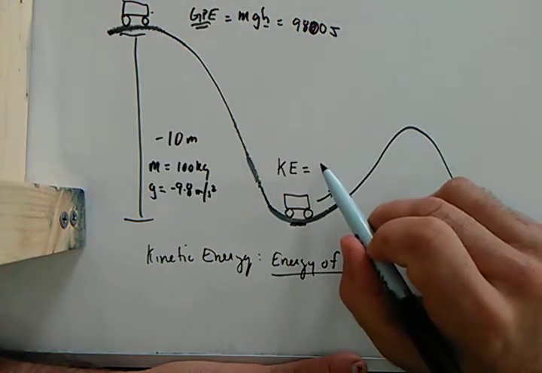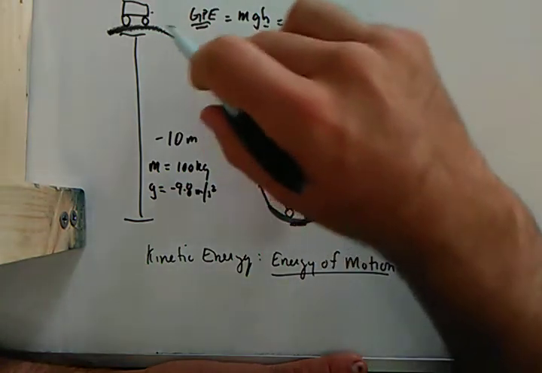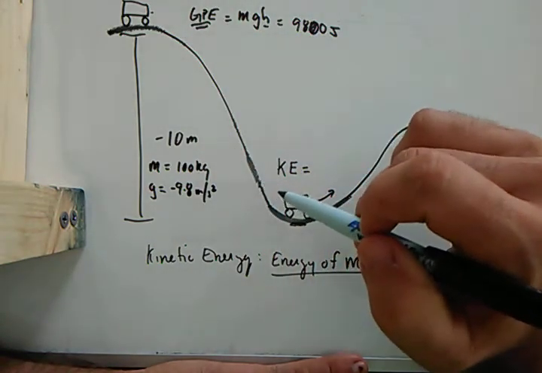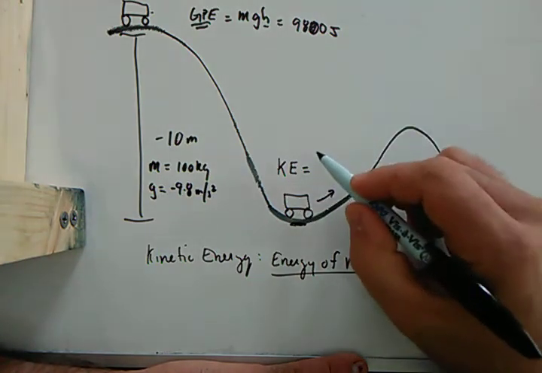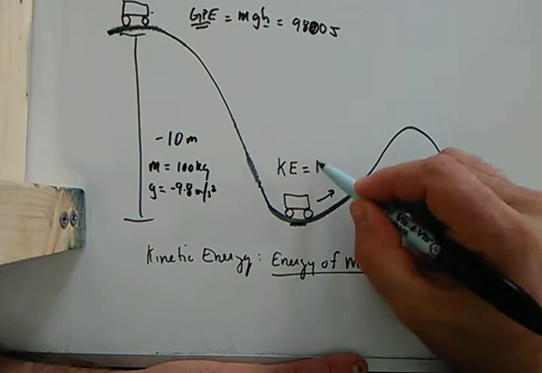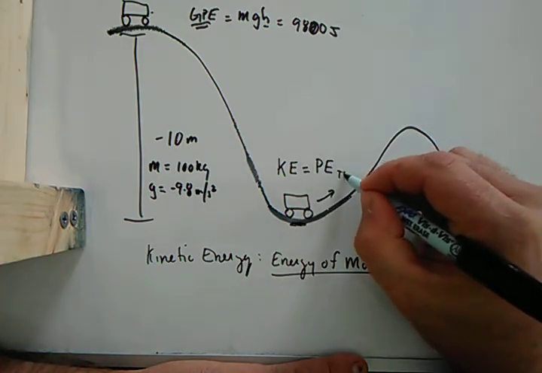And I put a little equal sign in here because in a perfect situation with no friction and no air resistance, the kinetic energy at the bottom equals the potential energy at the top.